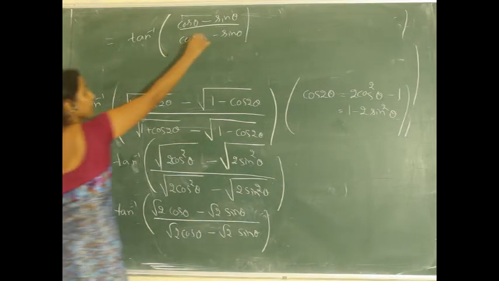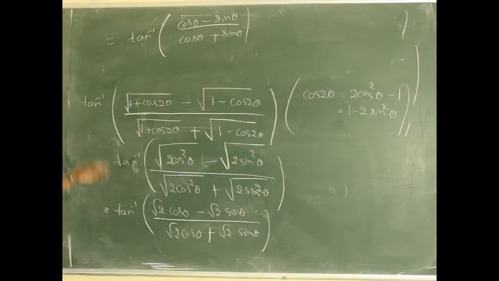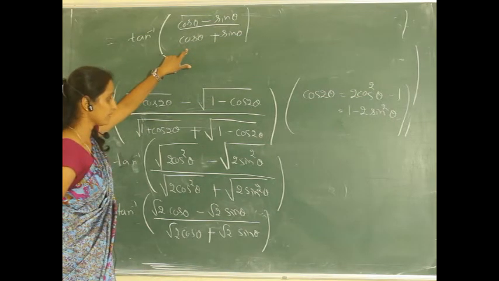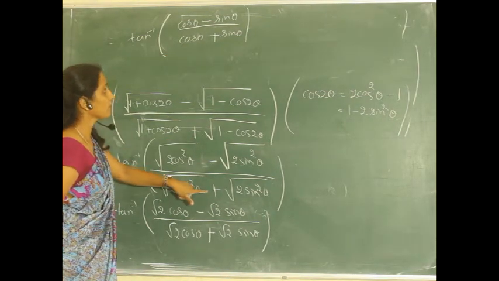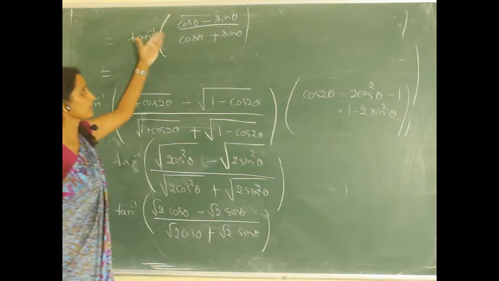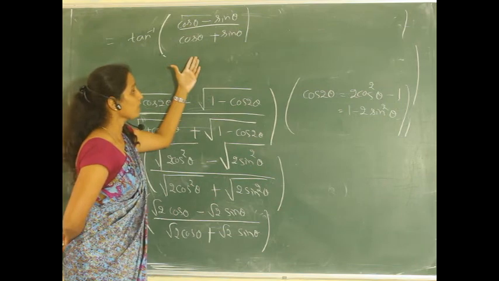In the given problem the denominator is plus, so here it is plus, not minus. So it is converted to tan inverse of cos theta minus sin theta divided by cos theta plus sin theta.